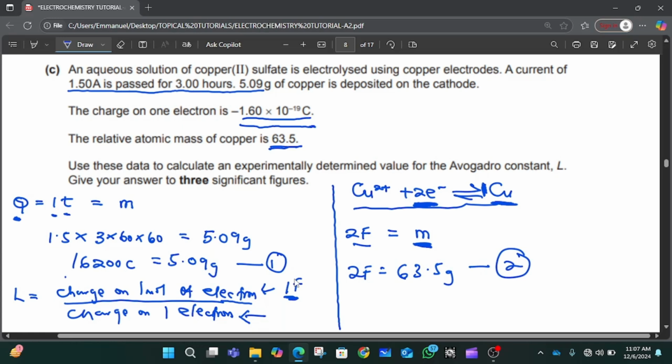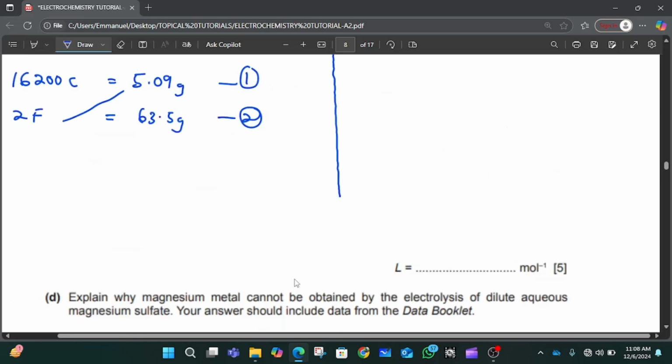Now we can use ratio and proportion on equation 1 and equation 2 in order to find 1 Faraday. If we cross multiply, we get 2F times 5.09 grams is equal to 16,200 times 63.5.